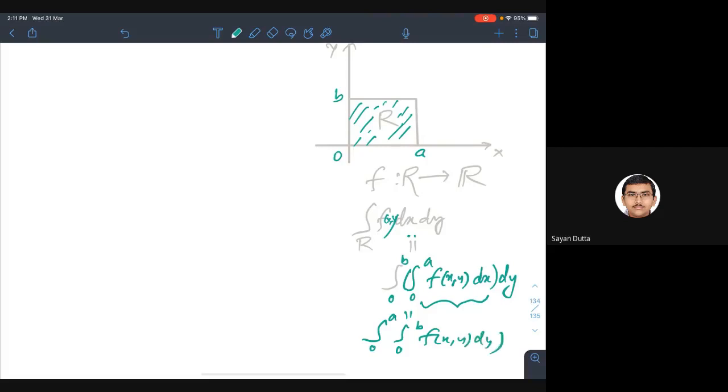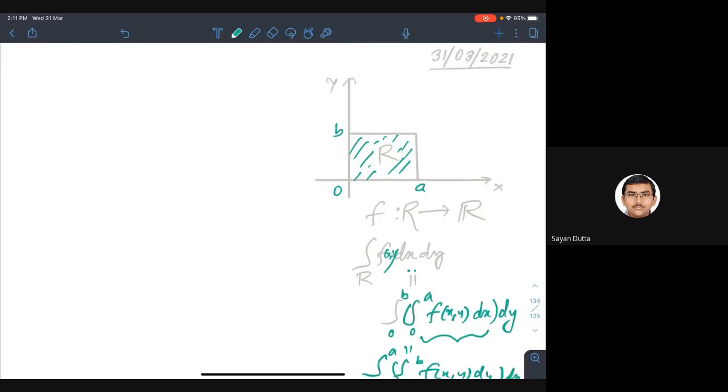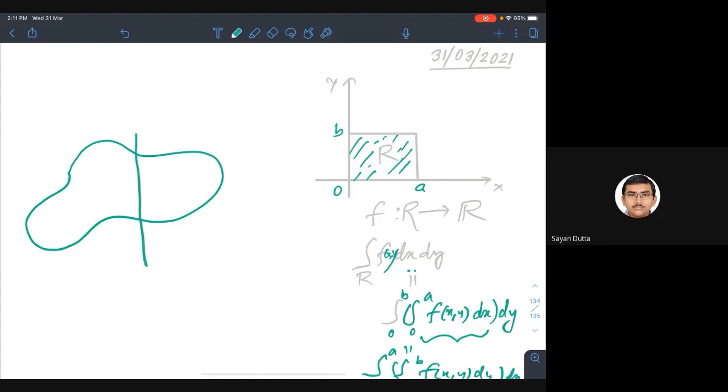So you will consider those functions for which the order doesn't matter, and you will define it this way. And then if you have a complicated domain, what you want to do is divide it into some rectangles.